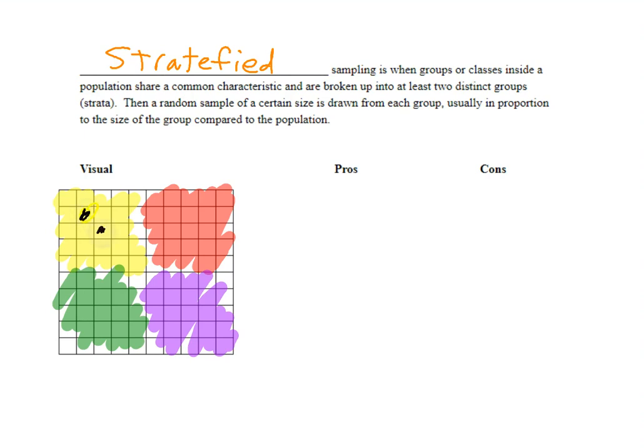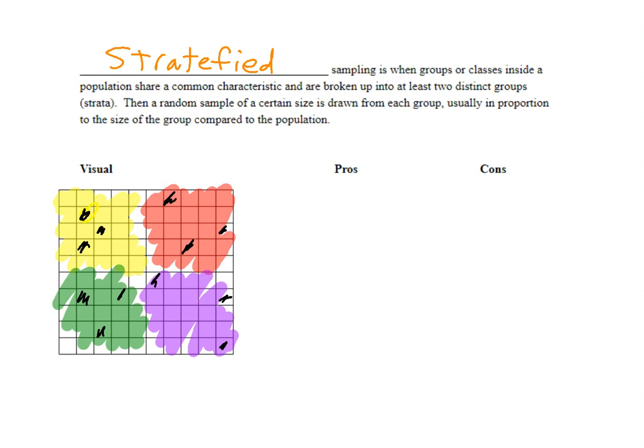Maybe this one, this one, this one, and then from here we take this one, this one, this one, this one, this one, this one, this one, this one, this one, so that we have an equal number from each group or a proportion. Like if the red section was a little bigger, we would have to maybe select a few more individuals from that strata to make it more representative of the entire population.